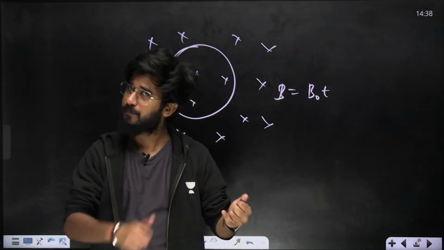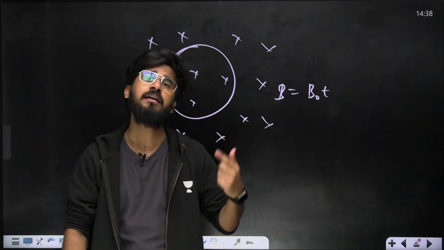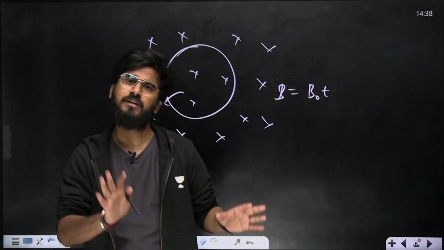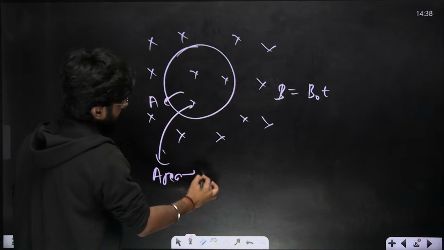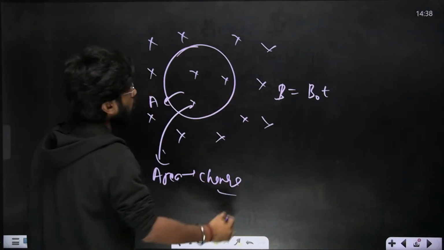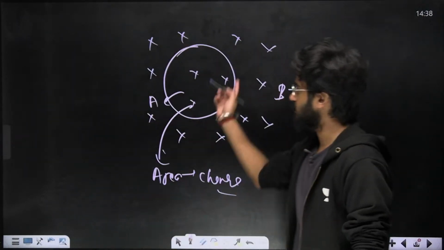So what we saw, if there is a changing magnetic field, then there is a current in the loop. Similarly, if we change the area, then again we saw a current in this particular loop.